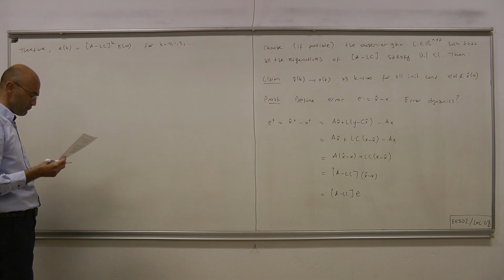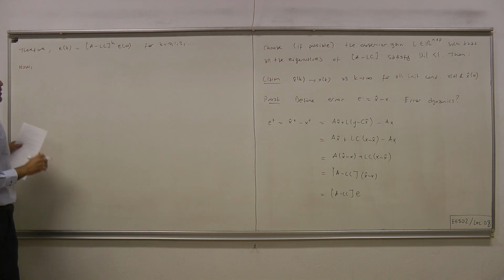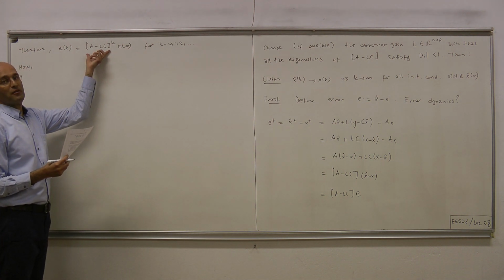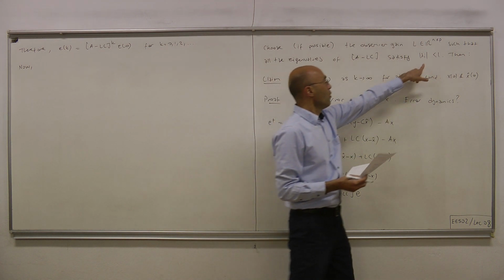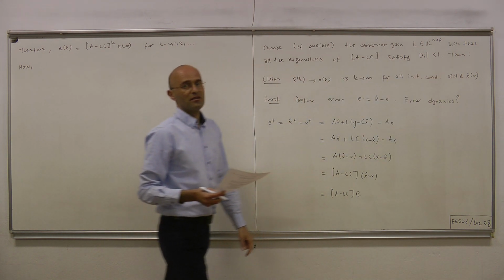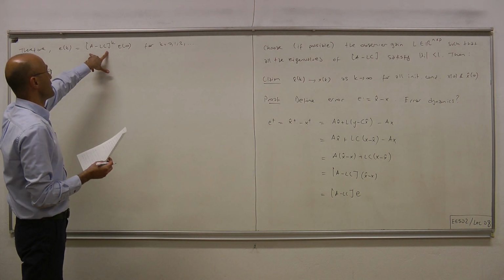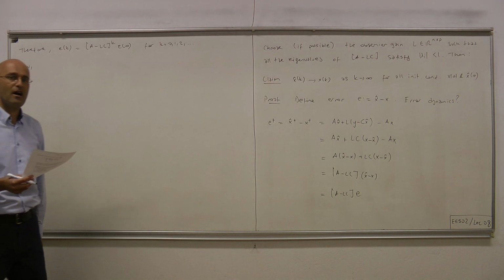Now, from the previous lecture, we know that since the eigenvalues of this matrix, A minus LC, all satisfy that condition, that they're inside the open unit disk, the corresponding state transition matrix should converge to zero as time goes on.